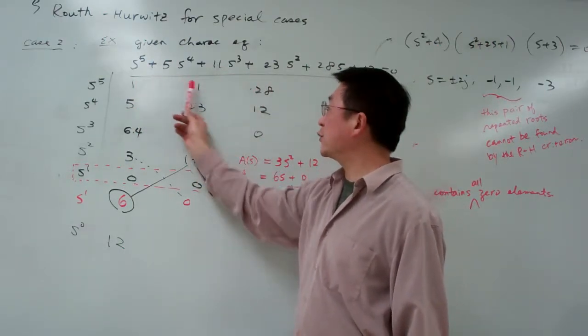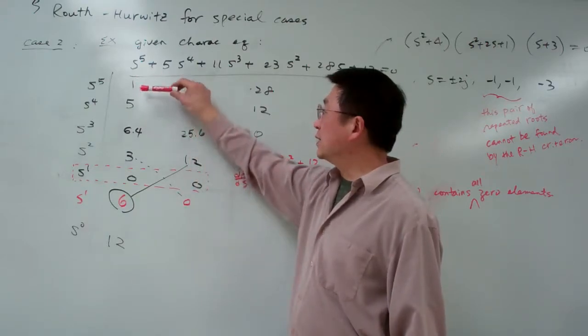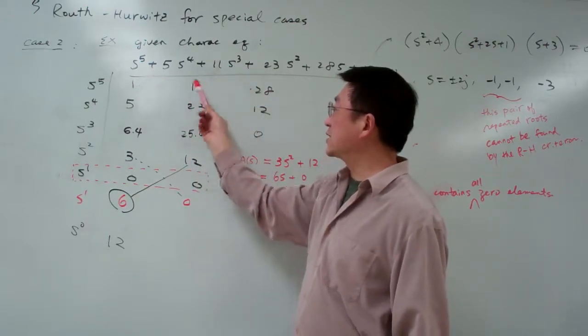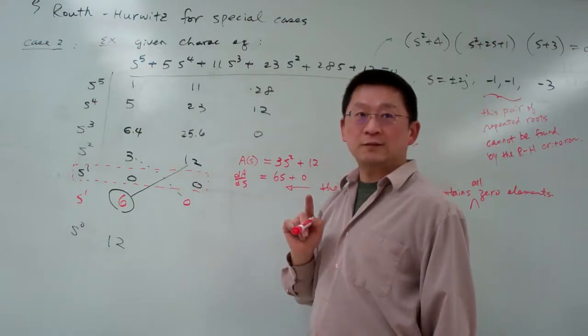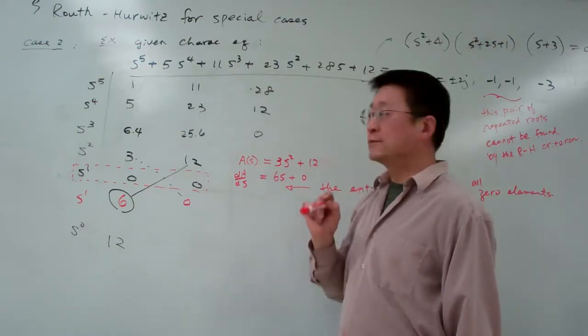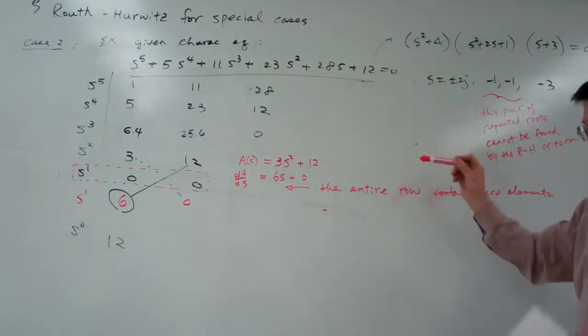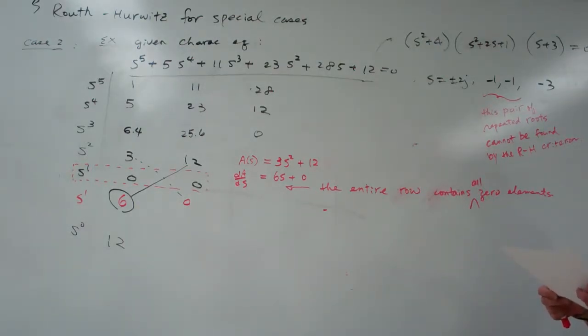So neighboring entries in one row skip one degree.